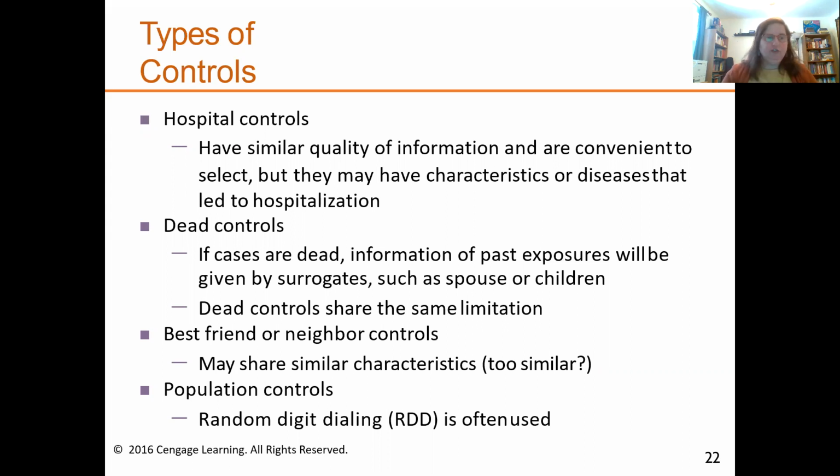And population controls. If you want to do a population control, random digit dialing is kind of an old way to do it, although that probably is still sometimes used. But you might dig into the population in some other way to try and get at people who could be from the population who could serve as a control. Okay.